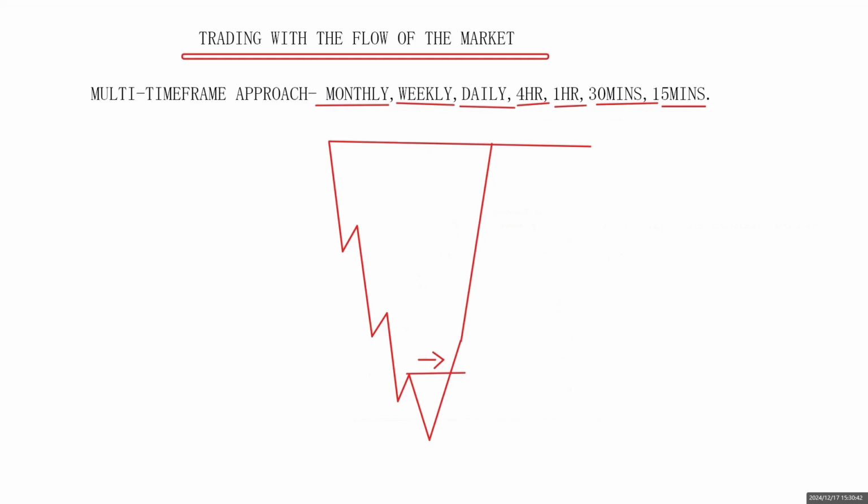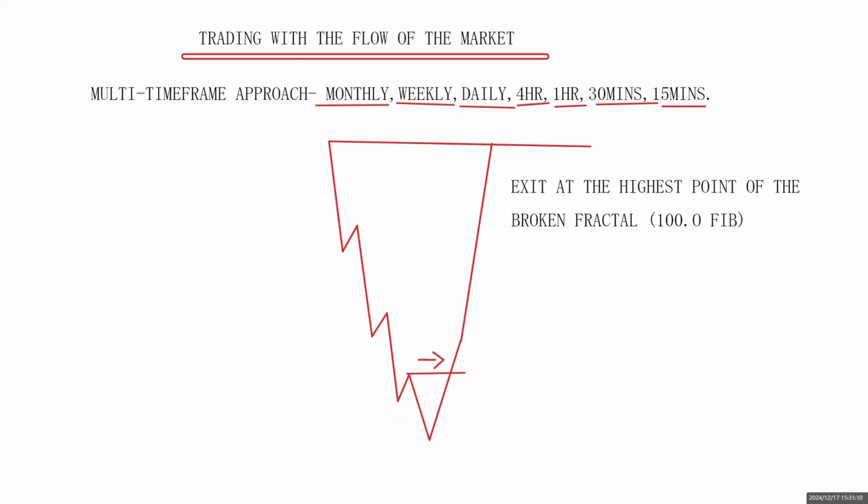Exit at the highest point of the broken fractal, also known as the 100.0 fib level. That's what it means to trade with the flow of the market.